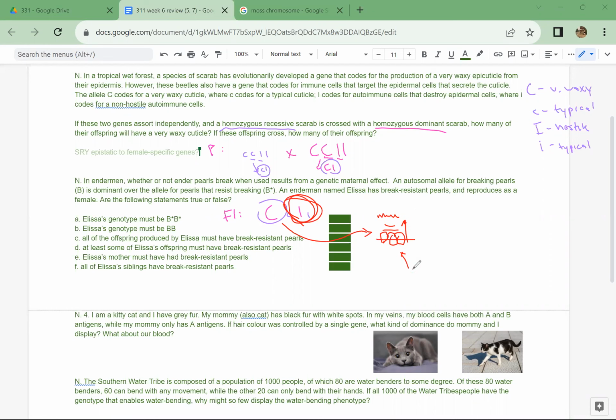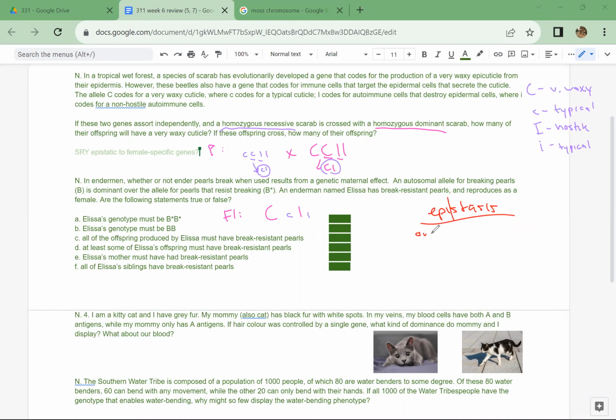If we have autoimmune cells that destroy our epidermal cells, then there are no epidermal cells to create this waxy cuticle. And so we have one gene that controls the expression of another. And we call this phenomenon epistasis.